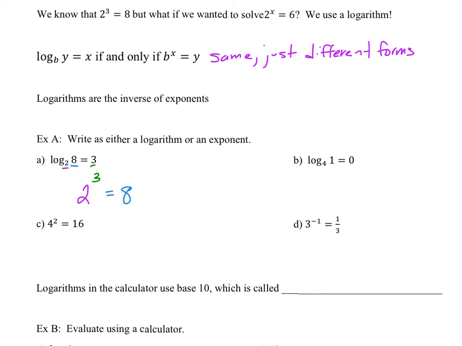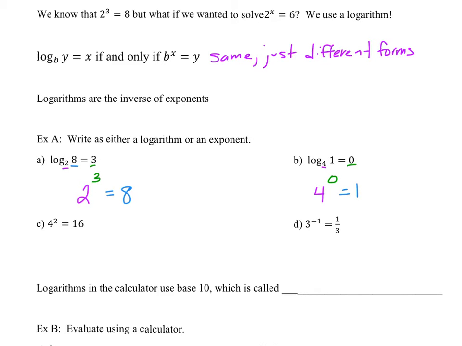You can do this however makes sense to you, but that order makes sense to me. So again, I start with my base, then this is my exponent, and it equals 1. These are ones you know are true, right? You know 2 to the third is 8, and you know 4 to the 0 is 1, just to make sure it makes sense logically.